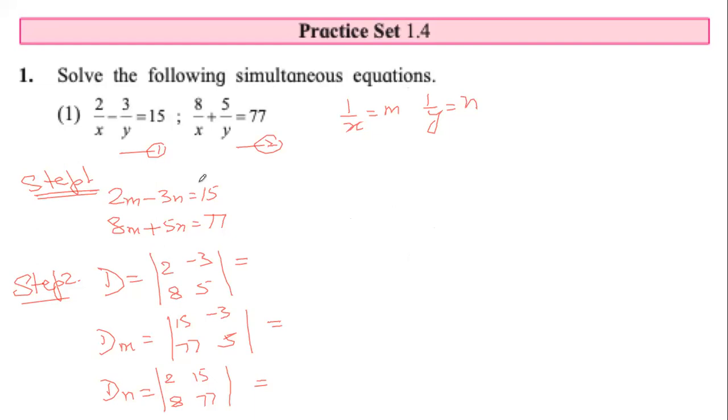Prachi says D equals 14. Let us see. It is 2 into 5, 10, minus 3 into 8 is minus 24. So this becomes 10 plus 24. So I'm getting 34. Check. Chanda, you got it right.